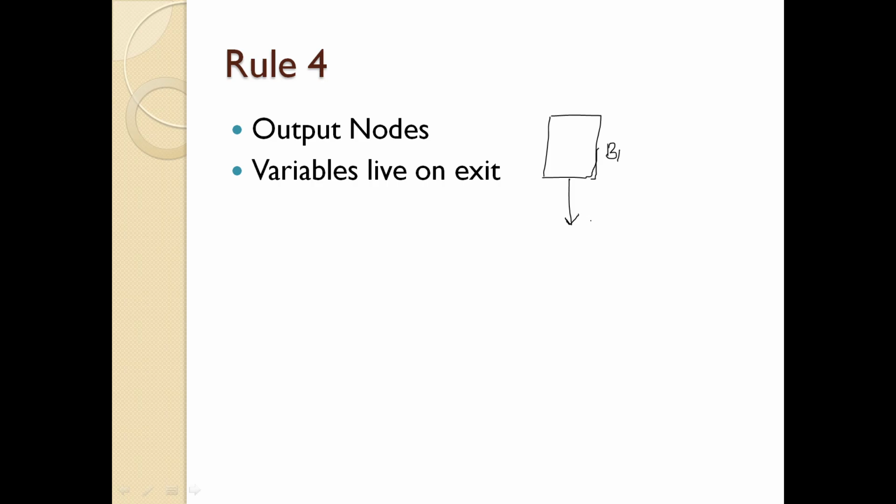For example, A, I may need this variable A in B2 as well as B3, let us assume. So such variables, the variables which are live on exit of a basic block, are known as output nodes. Before leaving or on the exit of B1, I am marking A as the output node. That means I may need A in the future in further basic blocks also. So they are known as live variables.